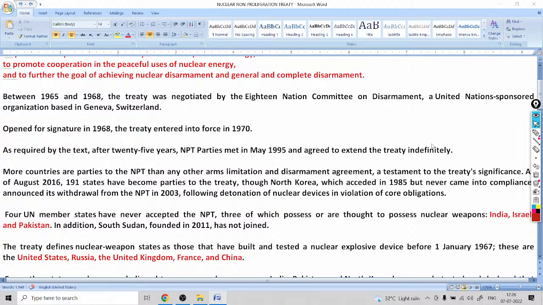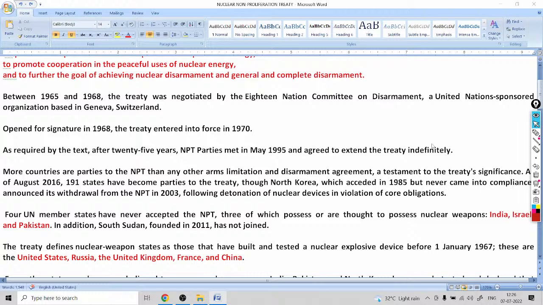More countries are party to the NPT than any other arms limitation and disarmament agreement. A statement to the treaty's significance. As of August 2016, 191 states have become party to the treaty, though North Korea, which acceded in 1985 but never came into compliance, announced its withdrawal in 2003 following its own secret nuclear activities. Fine.